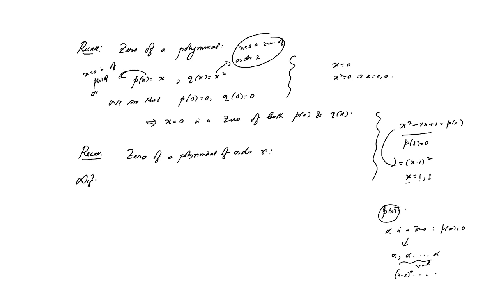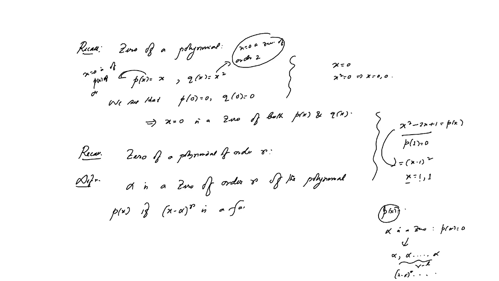So here the definition is: alpha is a zero of order r of the polynomial p(x) if x minus alpha whole to the power r is a factor of p(x), while x minus alpha whole to the power r plus 1 is not a factor of p(x).